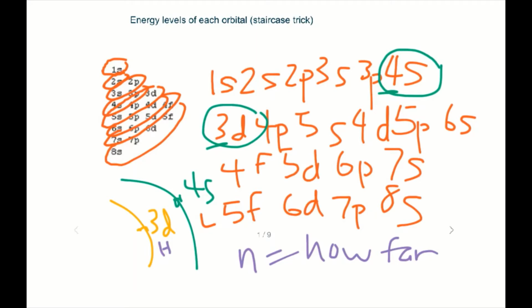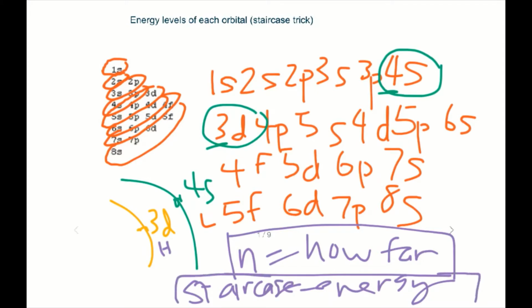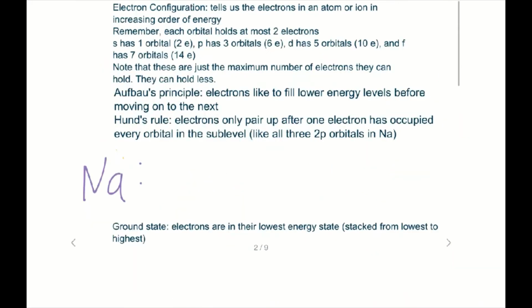So in general, the number in front of the sublevel tells you how far the electron is from the nucleus, but to know how much energy it has compared to another, it's best to use the staircase trick. So energy would be equal to staircase. Just keep a note of that, and you'll see it pop up later when we talk about something called valence electrons. So let's move on and talk about electron configuration.